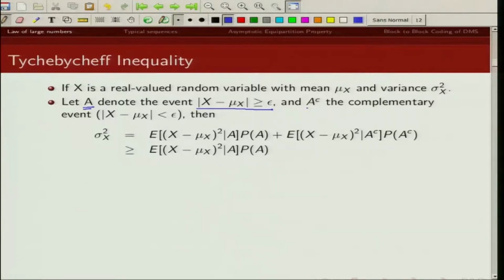We can similarly define the complementary event, that the absolute value of x minus mean of x is less than epsilon.